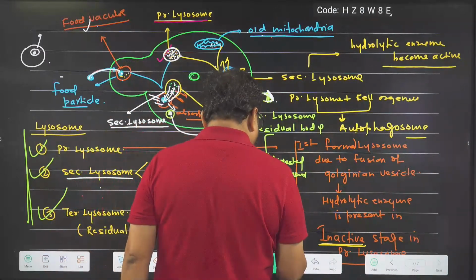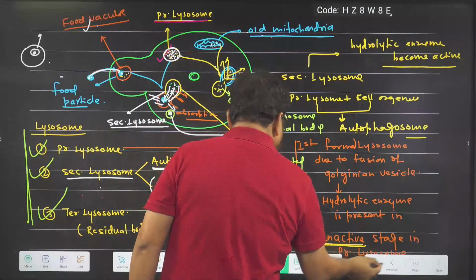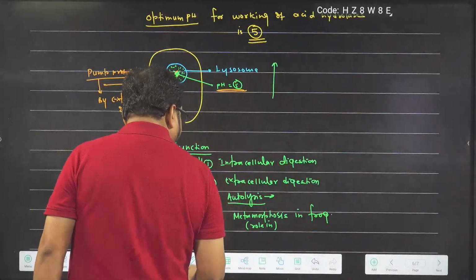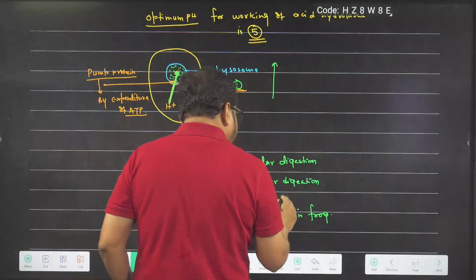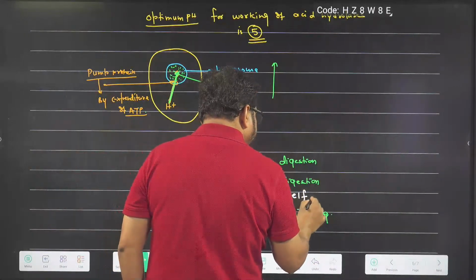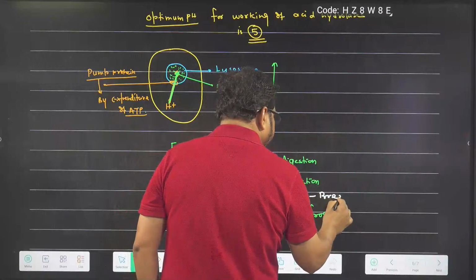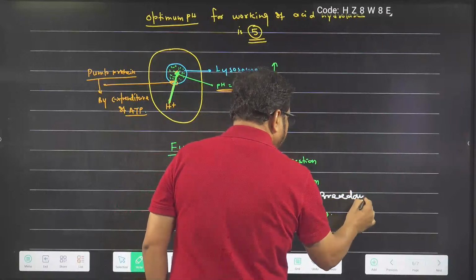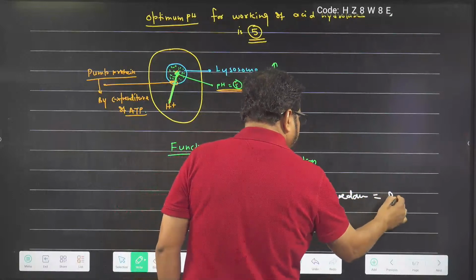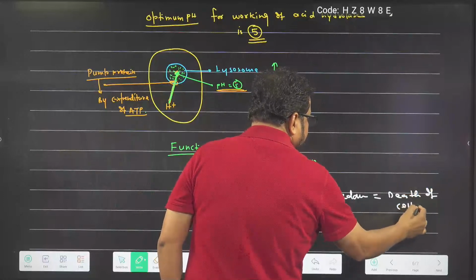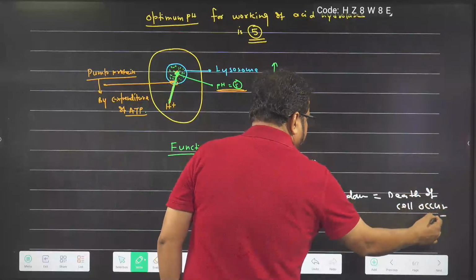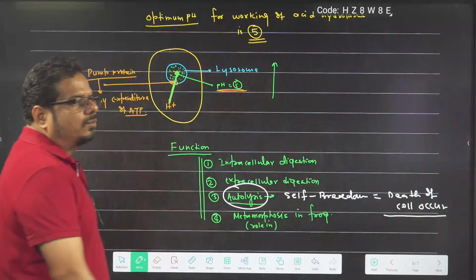Hence the third function I told, autolysis. Check the function I wrote, autolysis. Auto means self, lysis means breakdown. Got the idea? Death of the cell occurs, and that is the reason we call lysosome a suicidal bag.